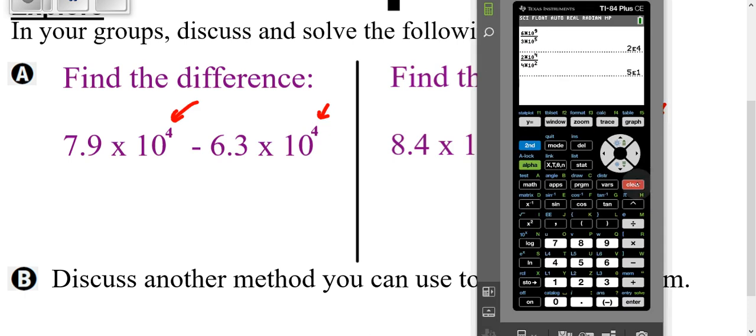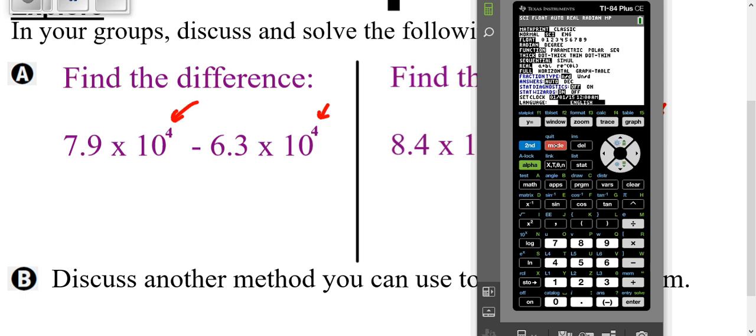But basically, I would use parentheses just to be safe. I have 7.9 times 10 to the fourth, and this is subtraction.